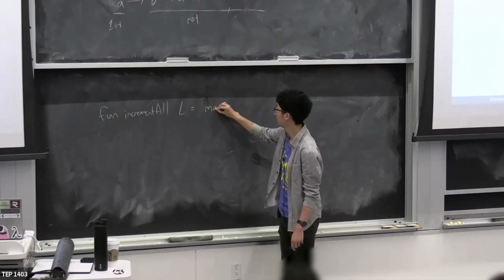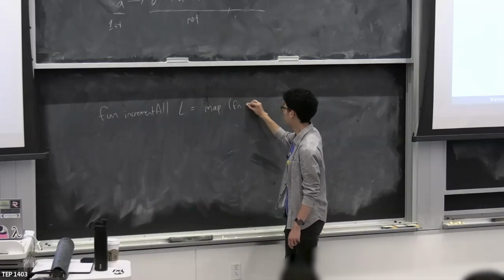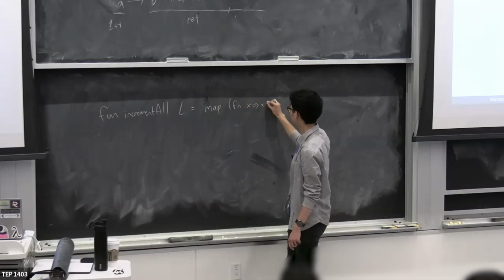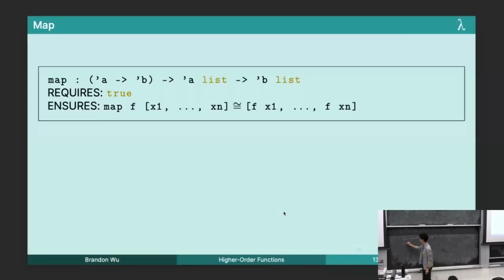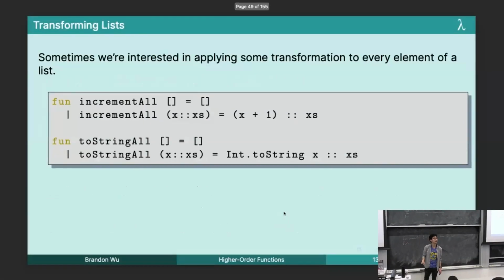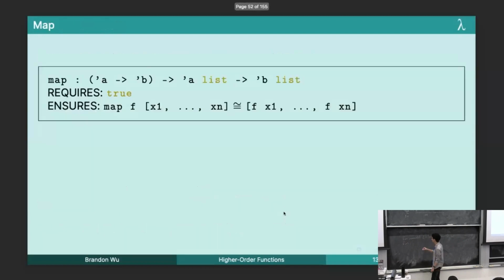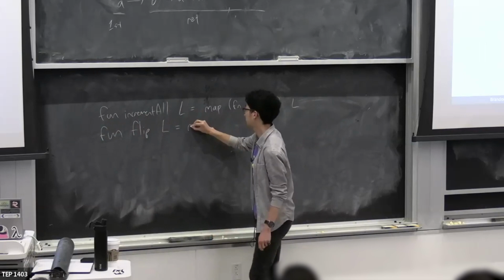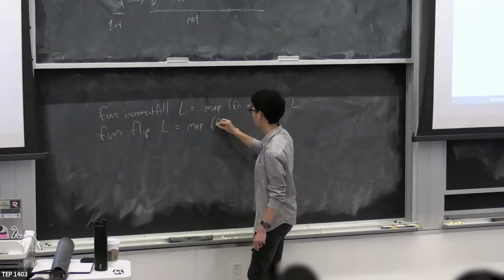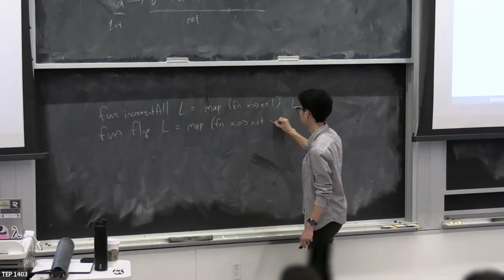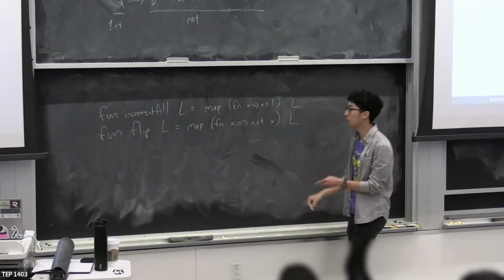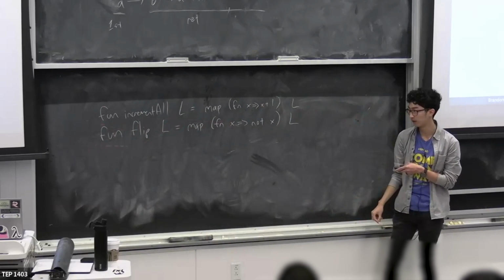Here's what I'm going to say: map fn x goes to x plus 1 on L. If I wanted to define flip, I believe this is actually not exactly the example I had. Yeah, I had to string all, but I don't actually care. If I wanted to define flip, I would say map fn x goes to not of x onto L. Do people see why this should be increment all and flip?